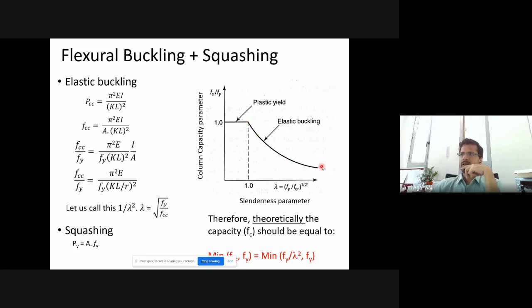If the column has a finite amount of imperfection, even though small, the critical axial load capacity of the column will be lower than this, and that will start to play a role. So you will not exactly meet at this curve, and you will be somewhere below this curve. Then the two factors will interact, and that interaction also has some role to play.